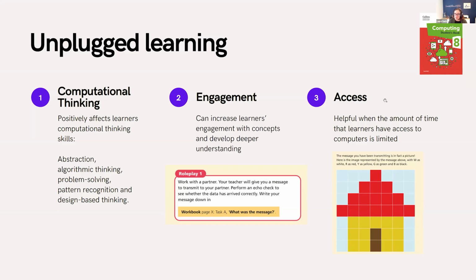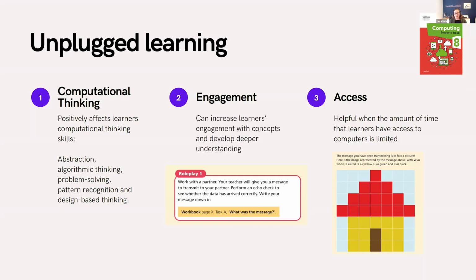Also, obviously, unplugged learning is helpful if there is a limited amount of access to hardware. I've worked with some schools in Kenya and South Africa where there are not a lot of devices available, and they obviously have to be shared. And then sometimes there's no internet, for example. So it can be super helpful if you haven't got access to devices all the time.